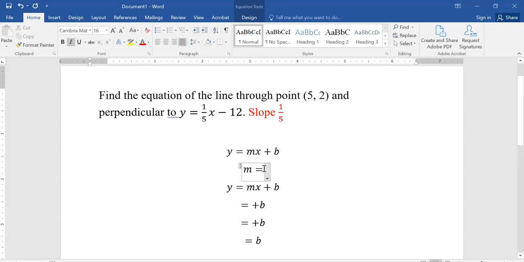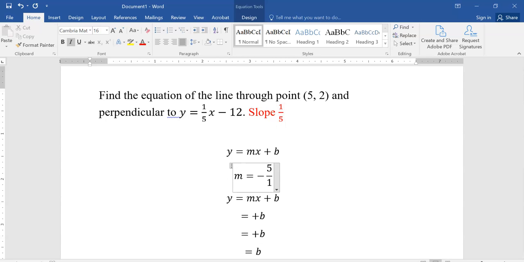My line needs to be perpendicular to this one. That means the slope has to be the negative reciprocal. So it needs to be -5/1, or if you'd rather write that as -5. What you do again is you flip this fraction.